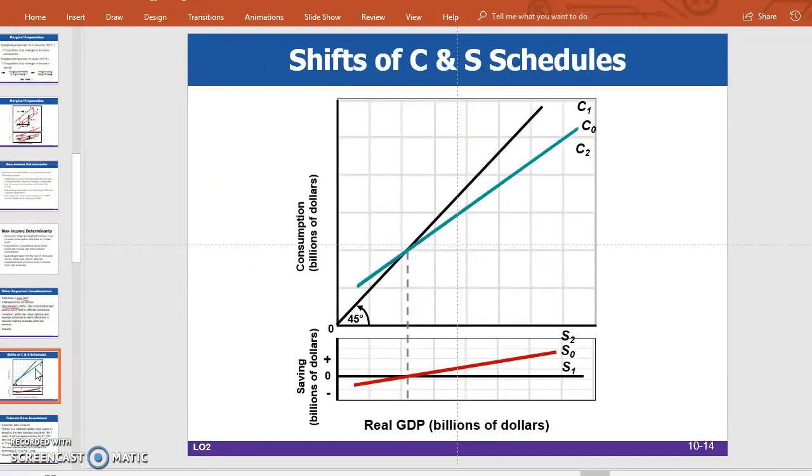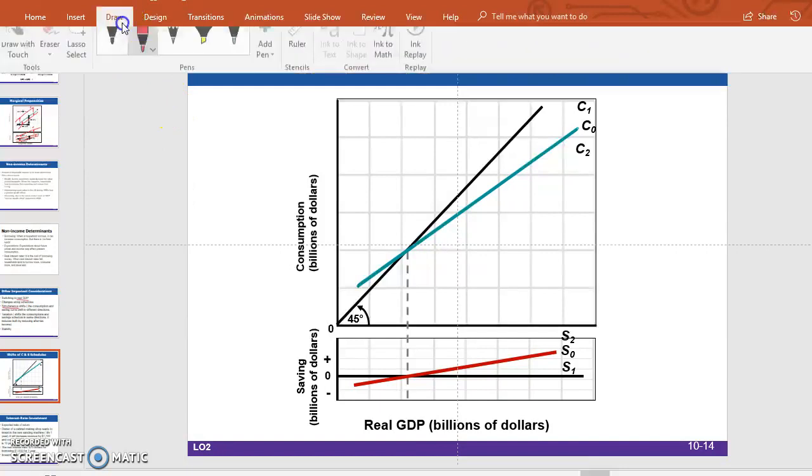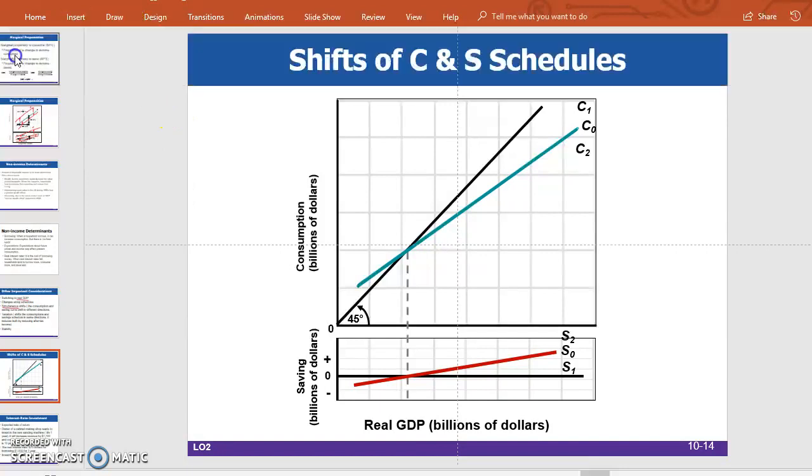So here, this is an animated graph. It will show you the shifts if you put it in display mode. So when consumption goes up, let me draw this again. Consumption C goes up from C0 to C1.